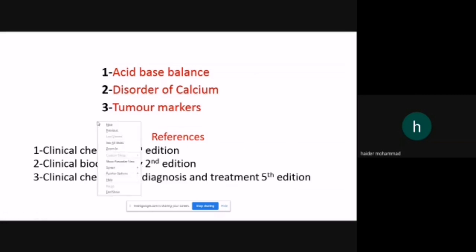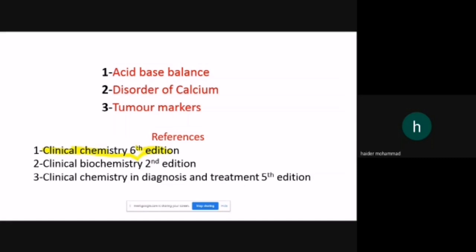The first source, Clinical Chemistry 6th edition, contains 7 cases.